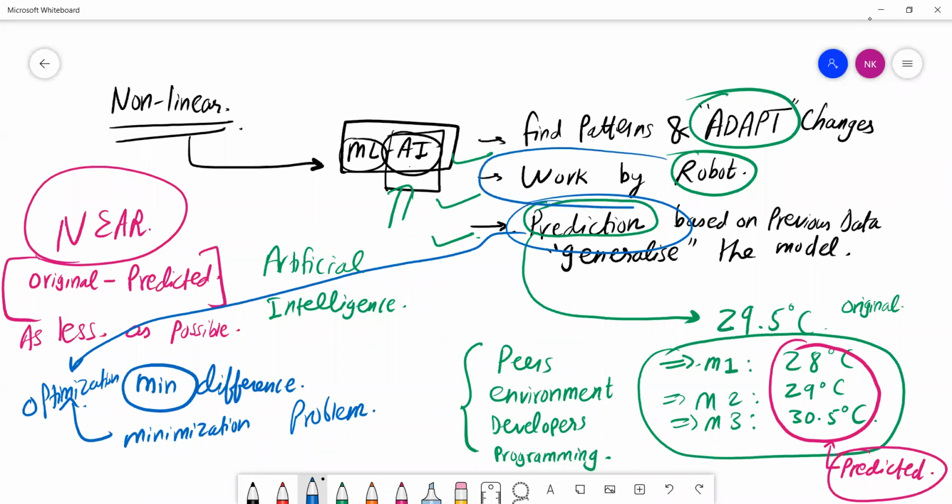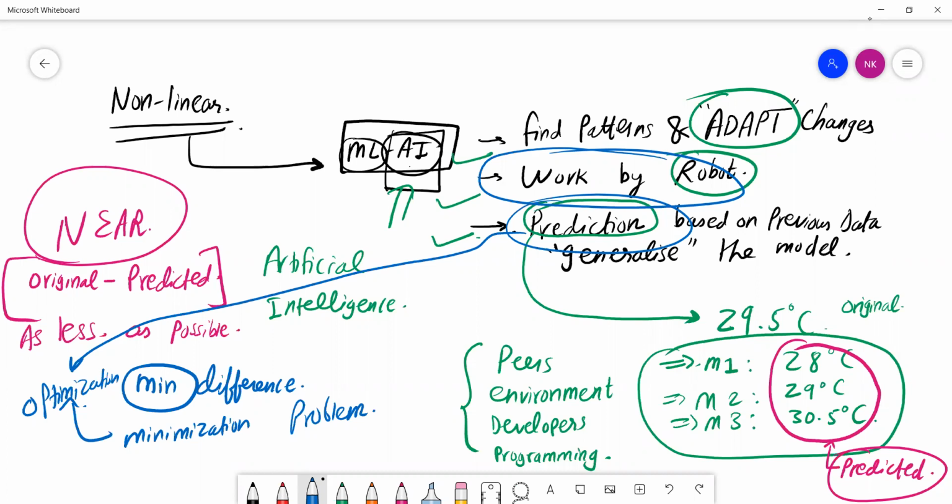Work done by robot, the second thing. So I want the robot to do certain work. Let's say I am asking the robot to just fetch some information for me. And I want this robot to work exactly as what I informed the robot to do. Now the exact working may or may not be done.